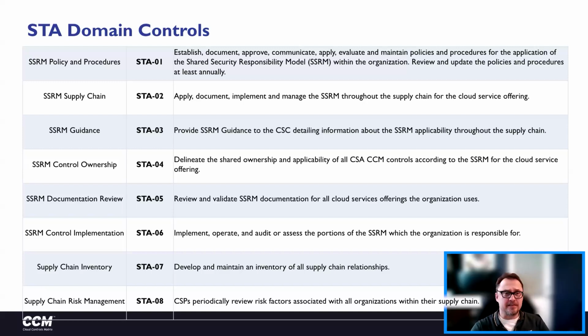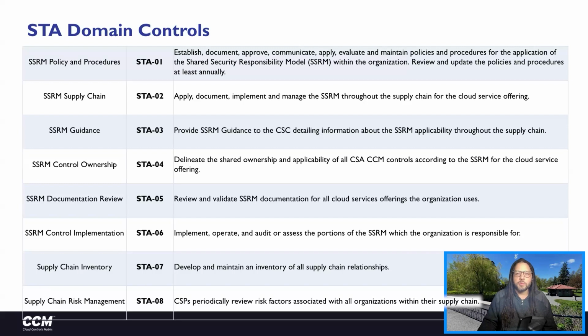Yeah, and looking at the matrix of these controls in the STA domain, STA 02 through 04, supply chain guidance, SSRM, control ownership, it's really talking about implementing and documenting the shared security responsibility model. It provides the customer with guidance, and it also talks about the control ownership.